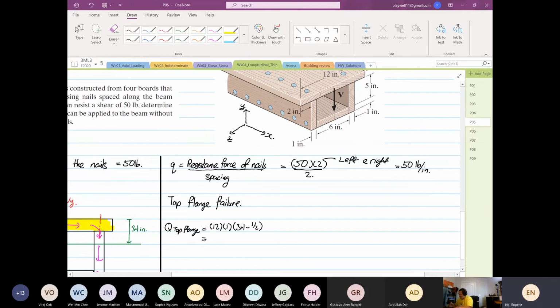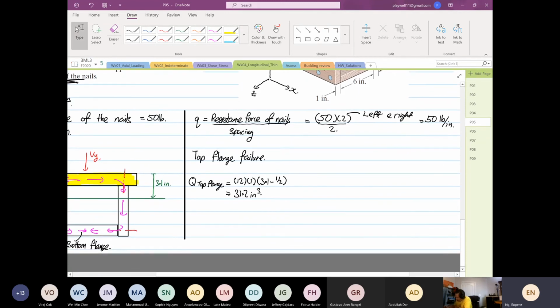So this will be equal to 3.1 minus 0.5, that is 2.6 times 12. So this is equal to 31.2 inches cubed.